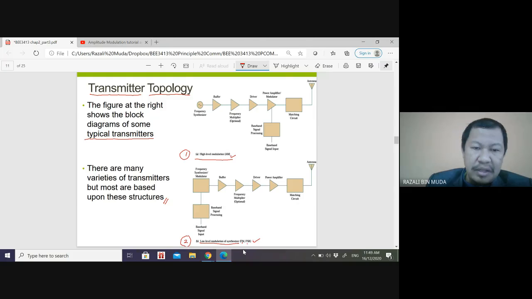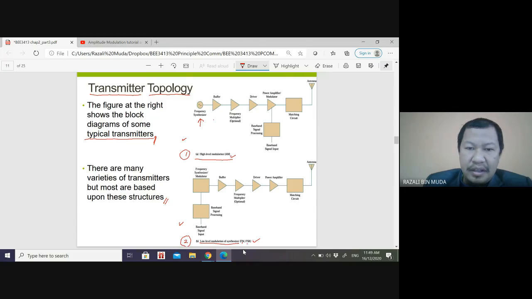So there are many types of transmitter and many types of application of the transmitter, but basically the topology is just like this. Either this one for high level and this one for low level. So what are these? First we have the frequency synthesizer.